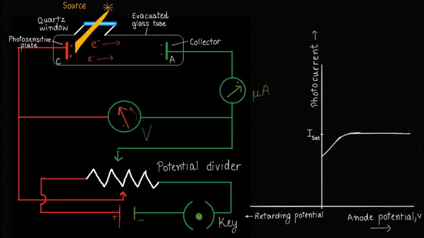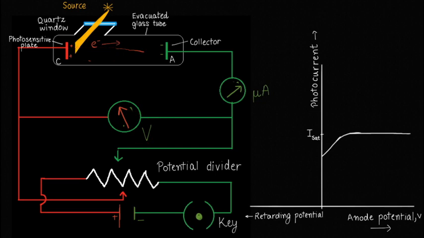So what happens? Still the photoelectrons will be generated, but they will be very few in number. Only the electrons having energy greater than this potential will be generated.